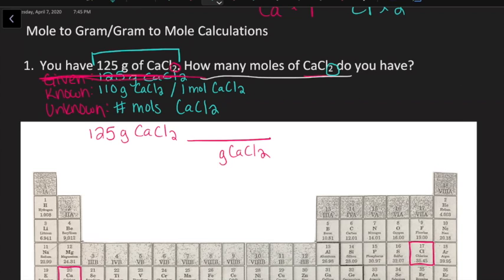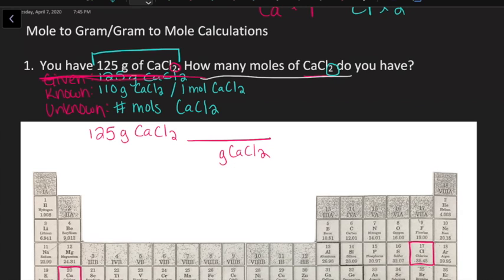So whatever is on top, you're also going to have on the bottom, so you can cancel out those numbers. So if you're ever stuck, that's a good way to know what to do next if you're totally lost. That top and bottom number, or unit, which is grams, need to be able to cancel out.